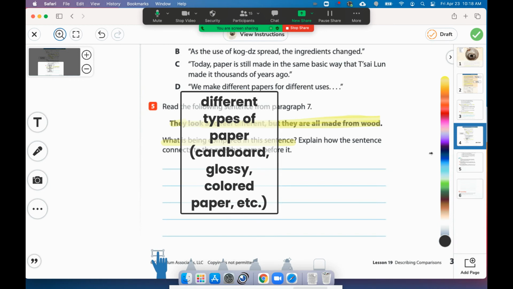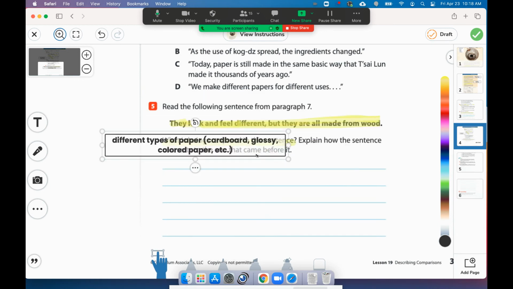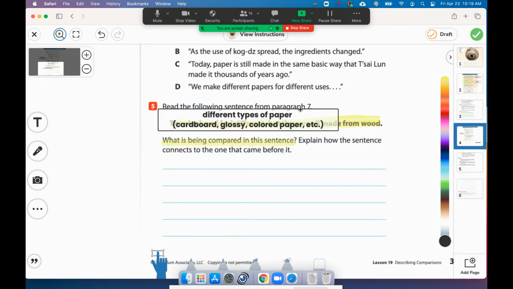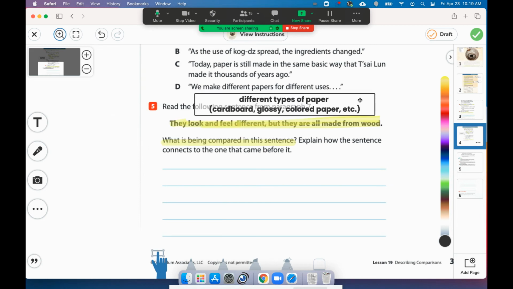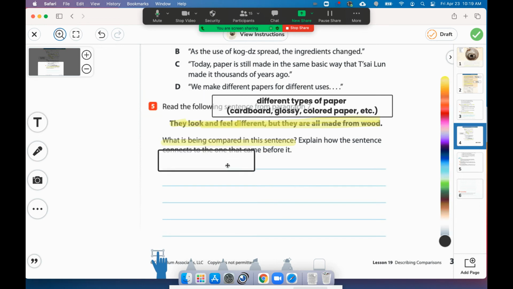You don't have to write this box. This is just for me to kind of remind you guys. So the sentence before was talking about these different types of paper. And then here it says they look and feel different, but they're all made from the same wood. What's being compared in this sentence?